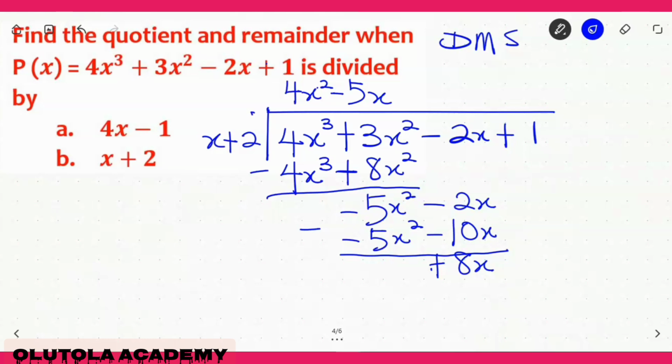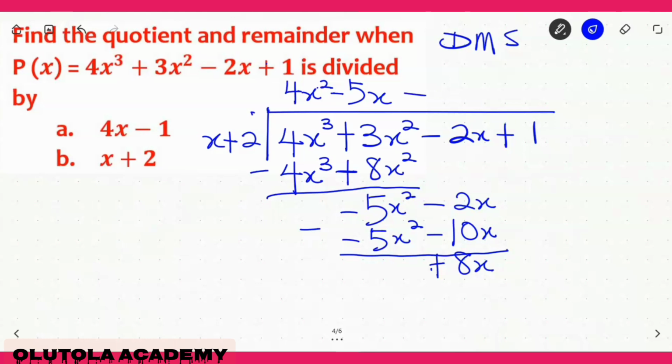Then this already will give us 0, so I can still continue the division because 8x is much greater than x. So when I do positive 8x divided by x, I'm going to have positive 8, which I'll write.